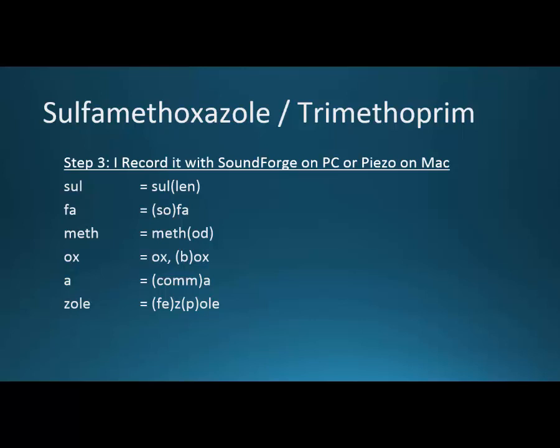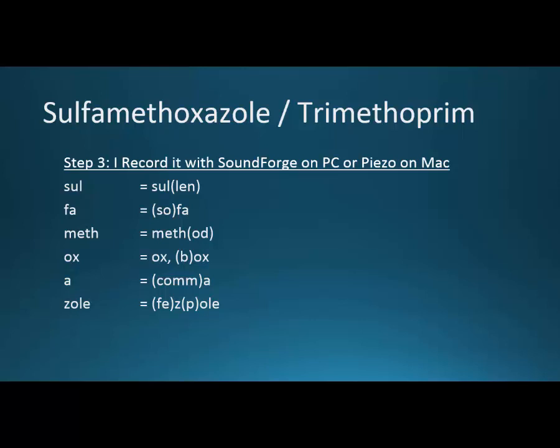What I did then was, you can record it, and I use SoundForge on my PC, and then I have this other program, Piezo, on Mac, and I can use that to record it. So I just record it slowly and you can do this one of two ways.